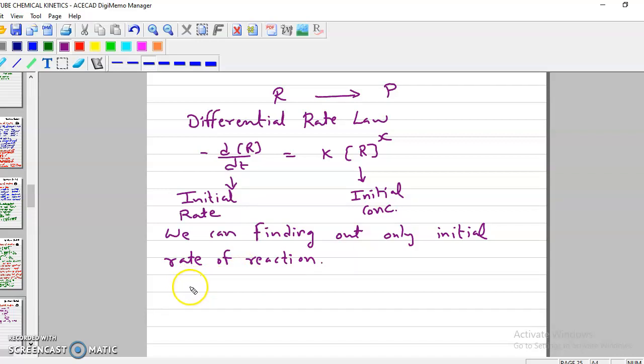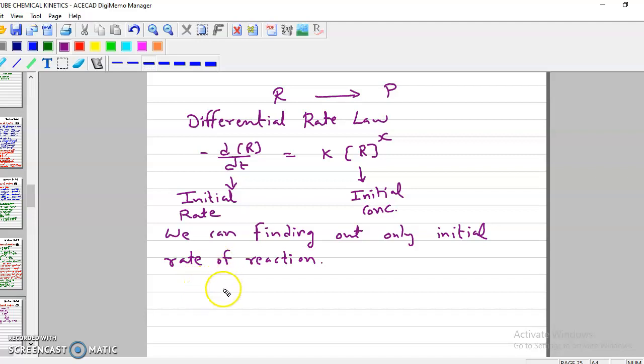But if we want to find out how much time is required to complete the reaction, how much time is required to complete 50% of the reaction, how much time is required to complete 70% of the reaction, or in a particular amount of time, how much reactant is left, how much product is formed, all these questions cannot be answered by the differential rate law.